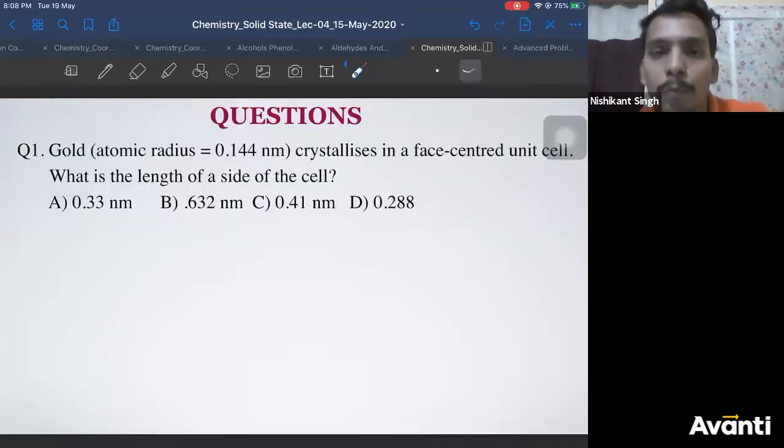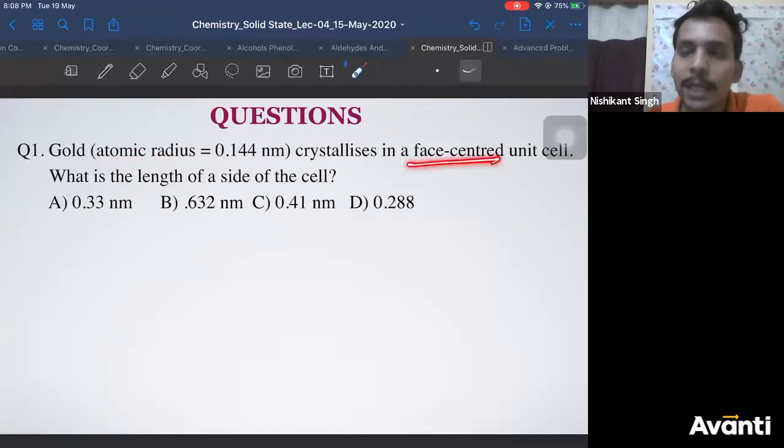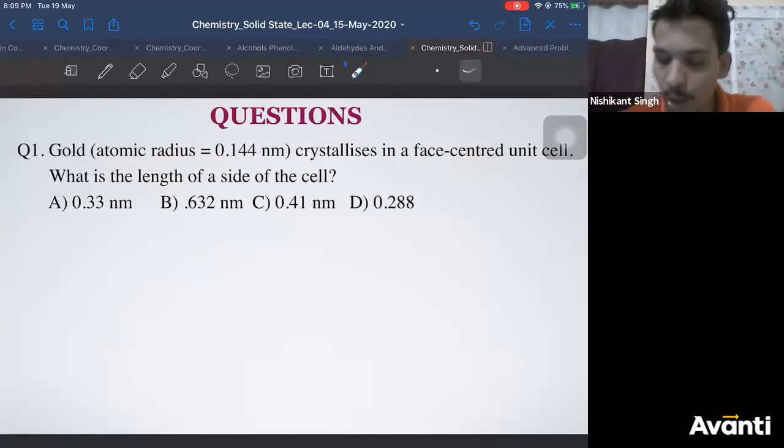All right, let's do a question on what we discussed today so far, and then let's move towards density. So guys, see this: gold has an atomic radius of 0.144 nanometer. It crystallizes in an FCC unit cell. It's an easy question. What is the length of the side of the unit cell?